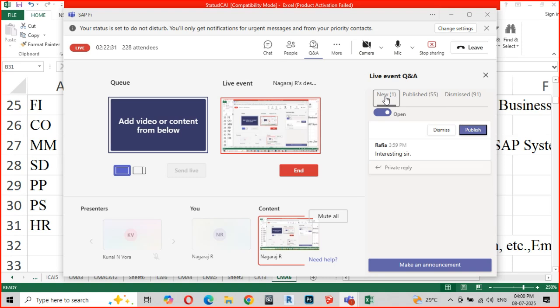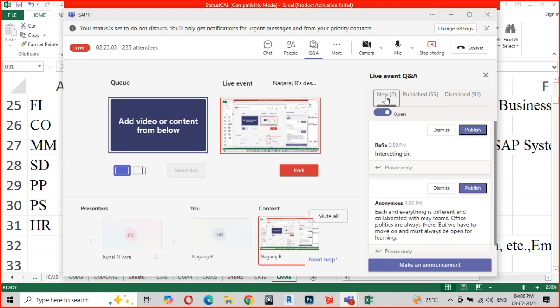So I would be checking. When you come to the SAP field, your communication is very important. It should be excellent, and also the confidence with which you take up those questions. Suppose I ask you, what is a chart of accounts? How many types of charts of accounts are there? What is mandatory for SAP?